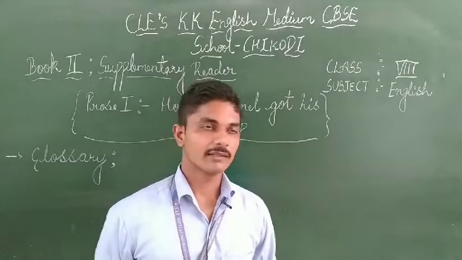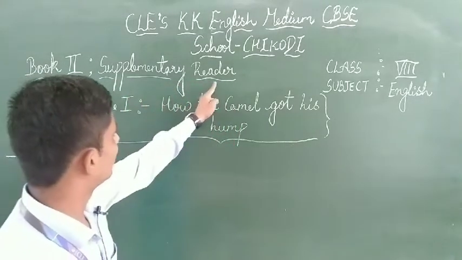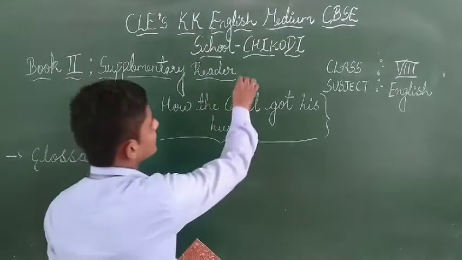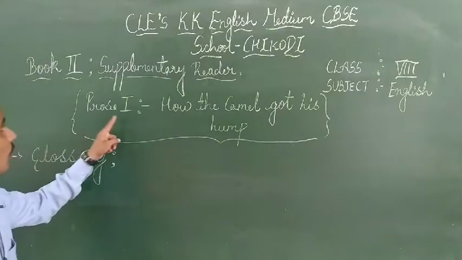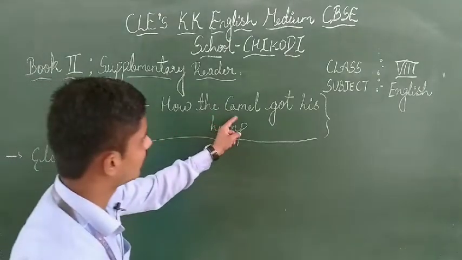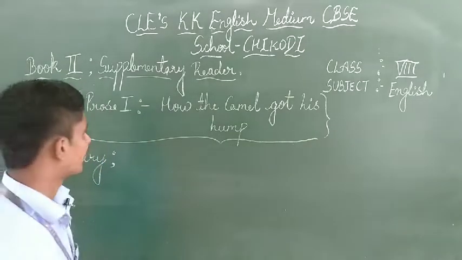Today we are going to begin with Book 2, the supplementary reader, and Prose 1: How the Camel Got His Hump.